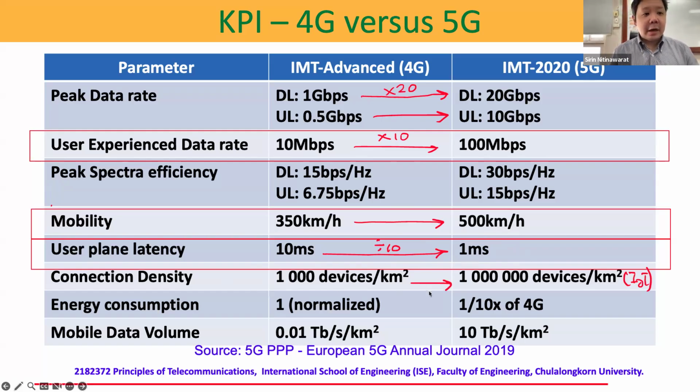Improvement in connection density as well. 10x in energy saving, and about 100x in mobile data volume, in terms of bits per second per square kilometer.